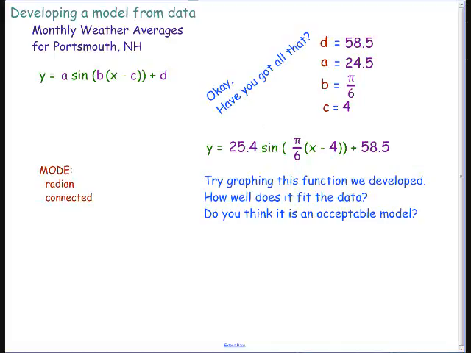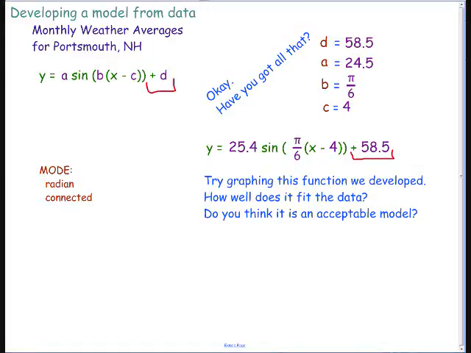Woof. There's a lot to think about here. We are going to use our A, our B, our C, and our D. Now, on this one, I'm showing that adding the D at the end. I could have had it at the beginning. The mode we're in is radian.